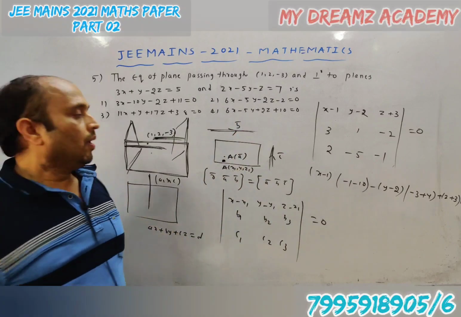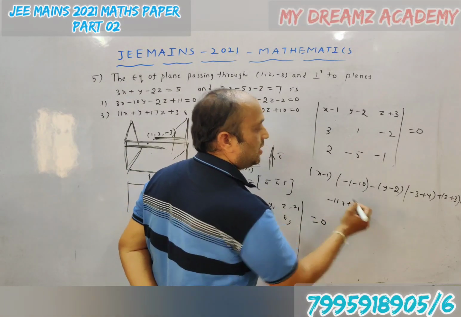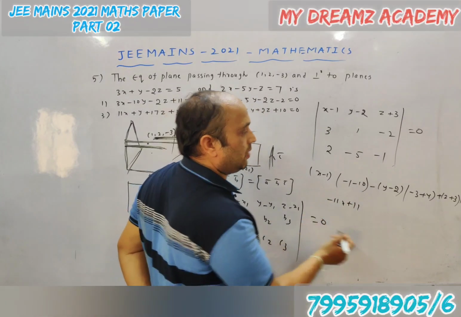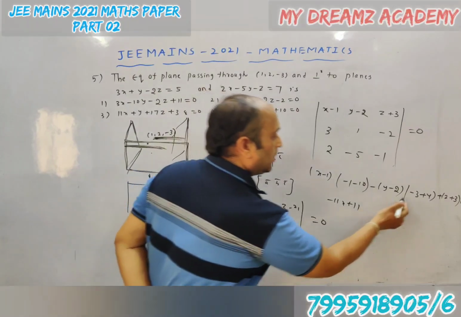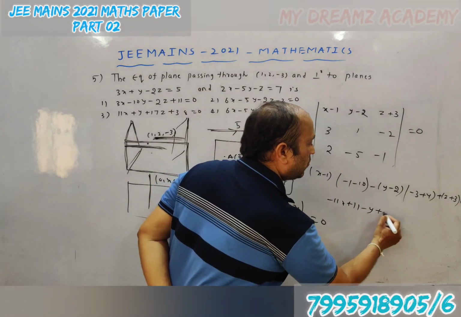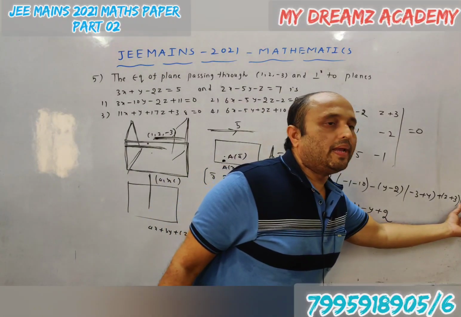Now here, minus 11x plus 11. Here, minus 3 plus 4 is 1. So this becomes minus y plus 2, and minus 5 plus 2, minus 15 minus 2.